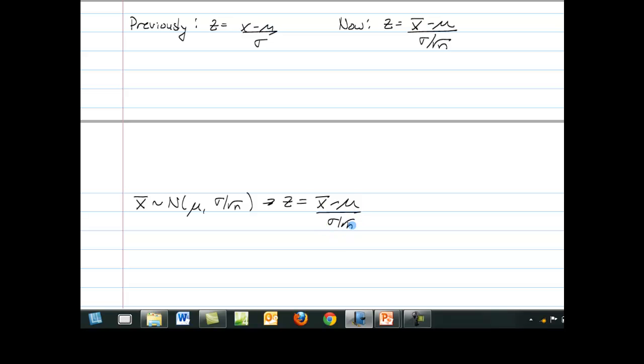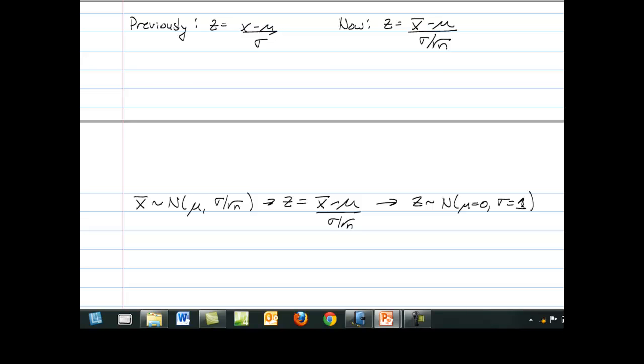Find that denominator clearly. This value of z is then distributed normal with a mean of 0 and a standard deviation of 1. And now we're back to our normal table. So that's nice, it looks very familiar. Again, sigma is the standard deviation of the original population, so that's where that value comes from.